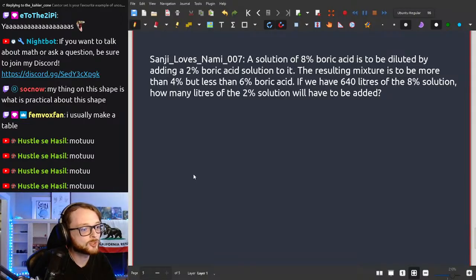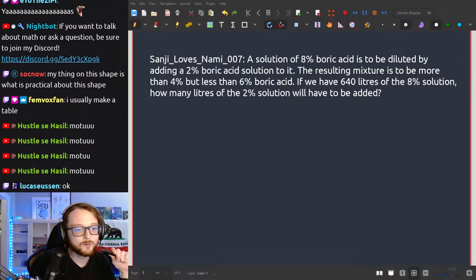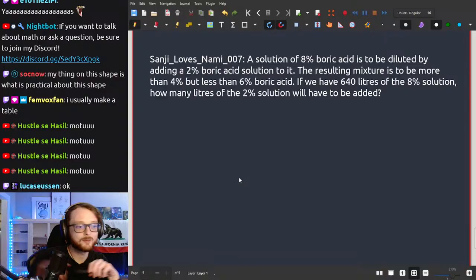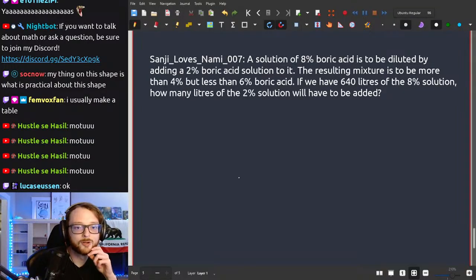Luke, I'll catch up with your chats after I think about this. I think the shape was practical. I guess it prevents us from making a more general statement. It's a counterexample for a more general math statement that we would have otherwise been able to make. But if you're asking that question with a lot of advanced math, there's not usually a very good answer. Or it's at least a niche answer.